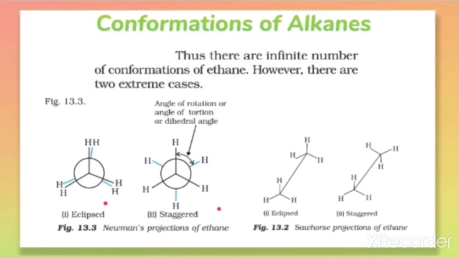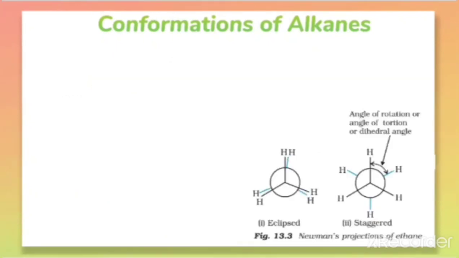Therefore, it is called torsional strain. And the magnitude of the strain depends upon the angle of rotation about the CC bond. This angle is called the dihedral angle, or torsional angle.